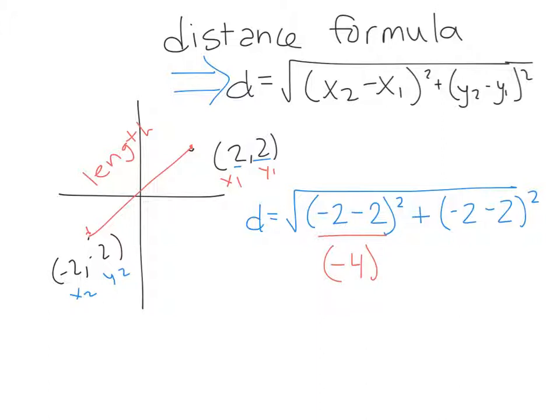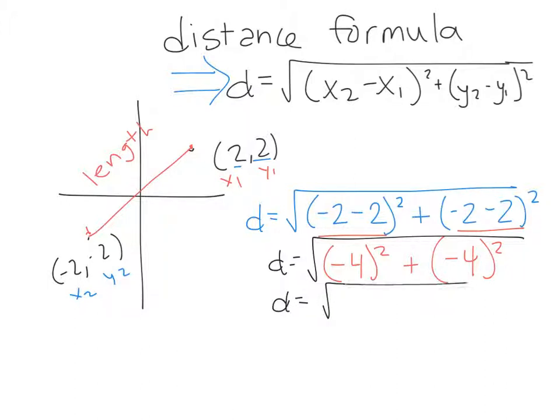Keep that in parentheses, squared. Plus -2 minus 2 is -4, squared. And I still have all underneath the square root. So now I have the square root of 16 plus 16, which is the square root of 32.